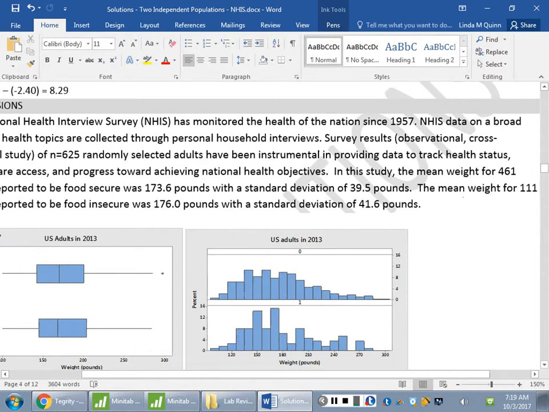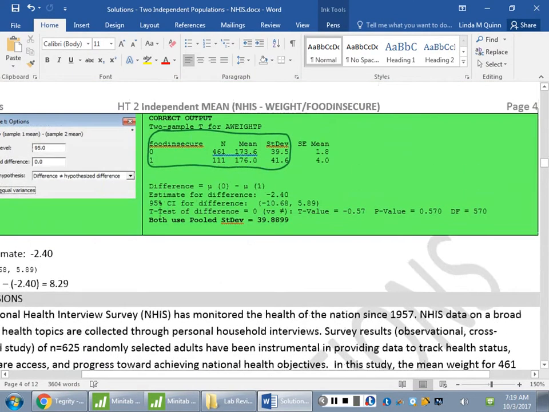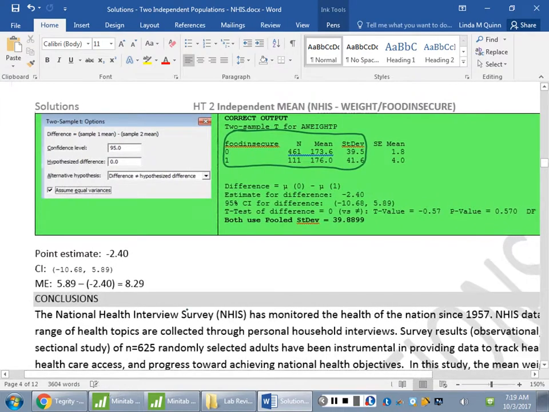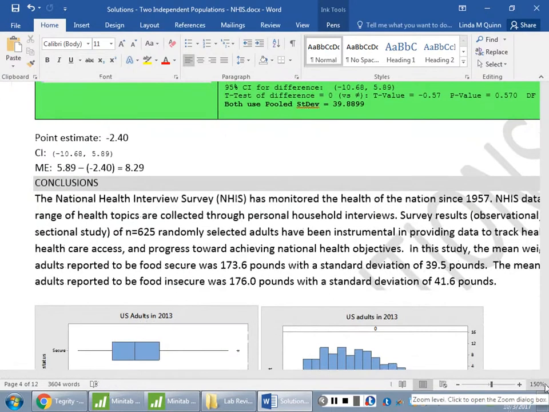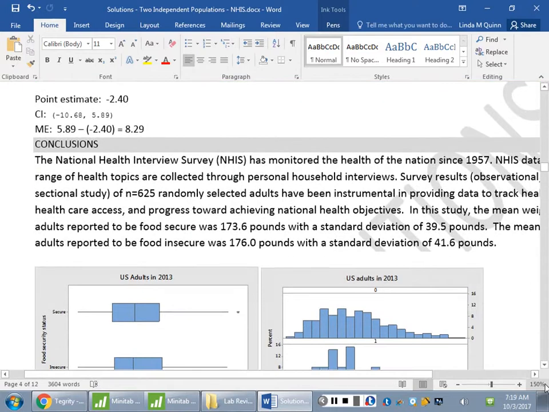Mean weight for 111 people reported to be food insecure was 176 pounds with a standard deviation of 41.6. Okay, so that's where that sentence comes from. It's from these descriptive statistics right here. I'm going to circle those two. That's where they're coming from.